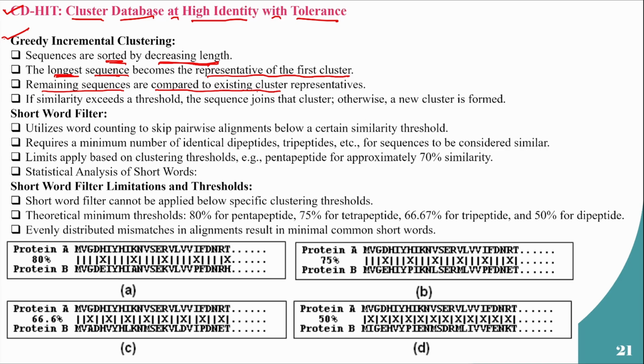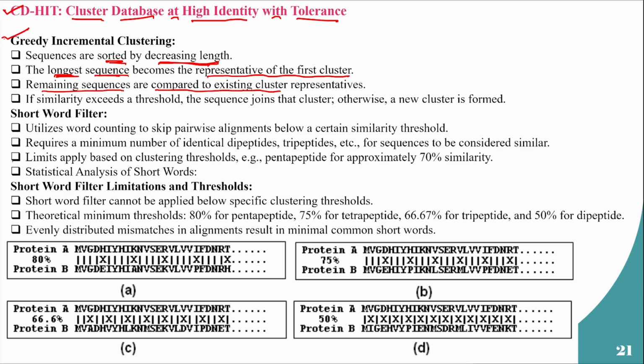Now the second sequence, it will compare with your first cluster representative, the first sequence in this case, and then based on some sort of threshold, let's say similarity threshold, identity threshold, or something like that, the program will decide, okay, should this new sequence be a part of the already existing cluster, or should this be considered as a new cluster representative?